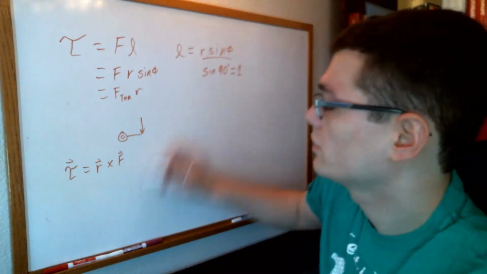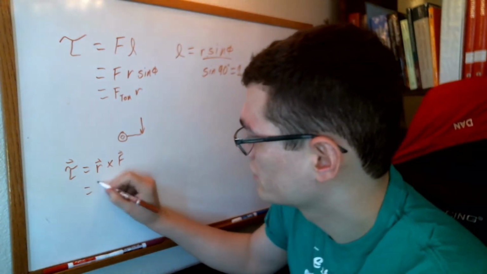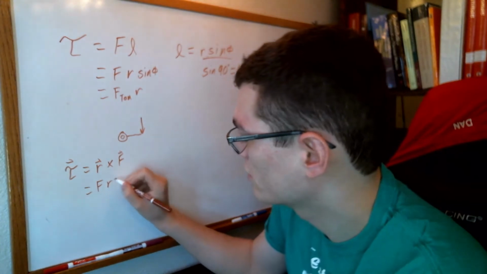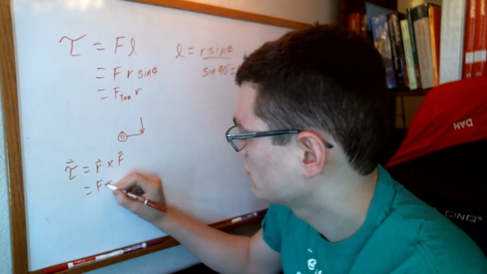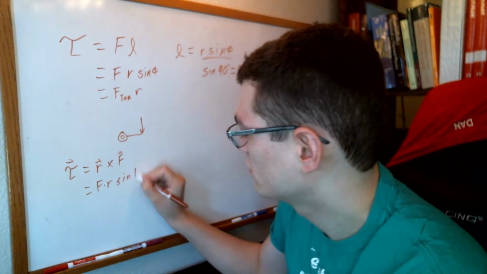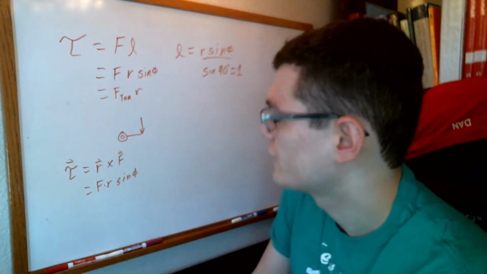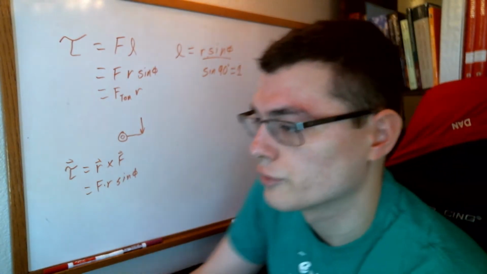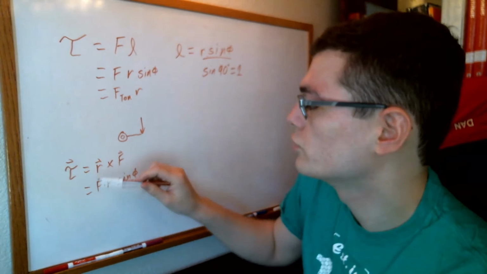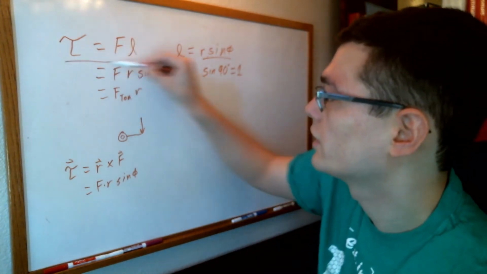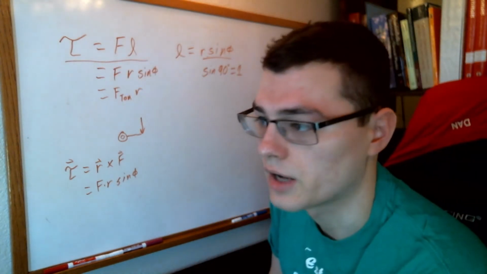So algebraic, this will be R F sine phi. That's how we get this formula in the first place. This is how we would usually start, and then we could go back and find this as our algebraic answer.